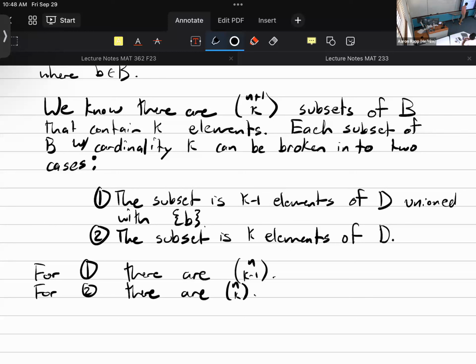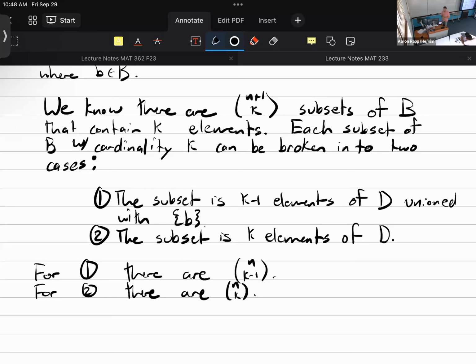If the subset is only in the set D, that means that it absolutely cannot contain what element of the bigger set B? The little b, right? This first case requires my subset to contain what element? Little b. So we get a dichotomy here, right? You either contain the element little b or you don't. And those are two disjoint instances.